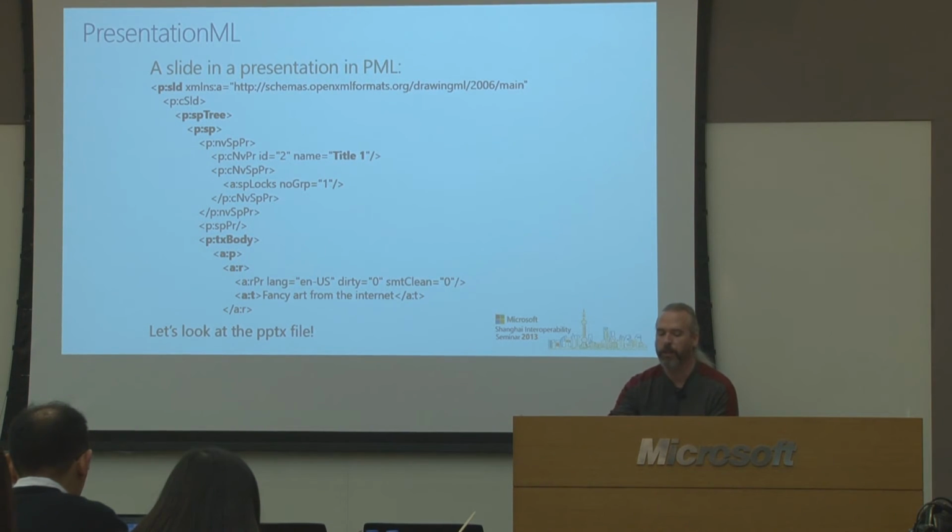So we see below here p:txBody, and then there's a run with some text in it. It really is pretty intuitive and pretty obvious, and so mapping that with the specification, although the specification is very big, becomes really pretty simple.